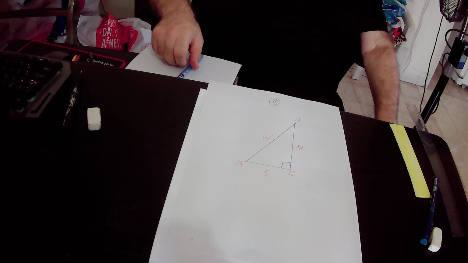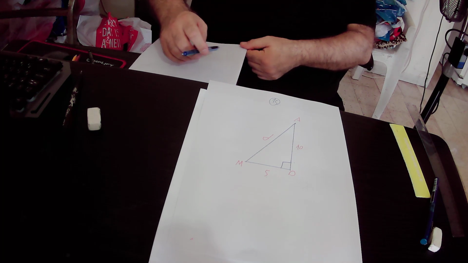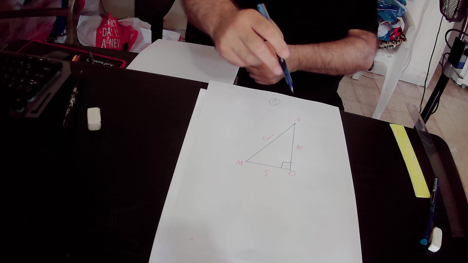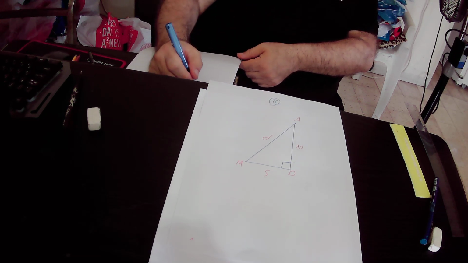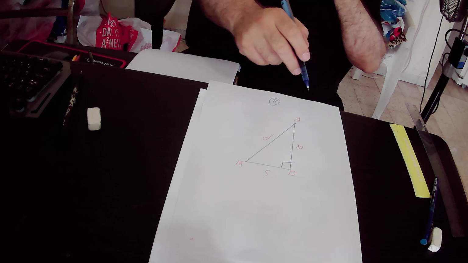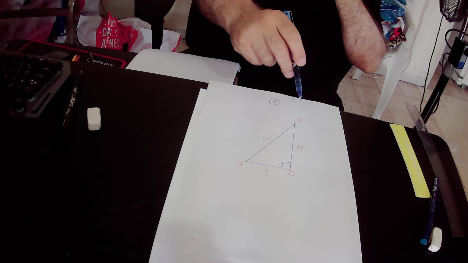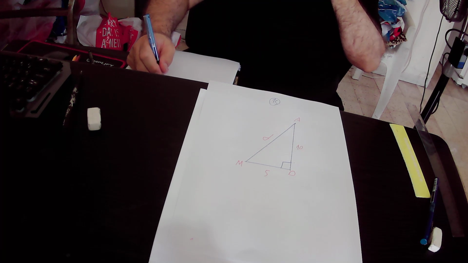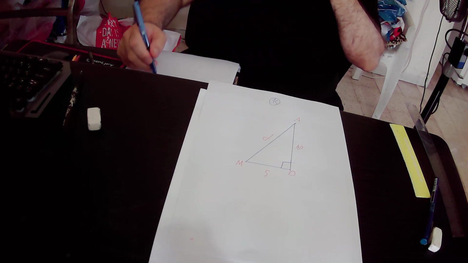So according to the Pythagorean theorem, the square of the hypotenuse, that is to say AM squared, that will be our third equation, AM squared equals the sum of the squares of the perpendiculars, equals AD squared plus MD squared.